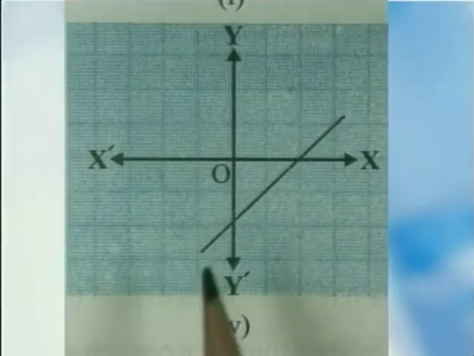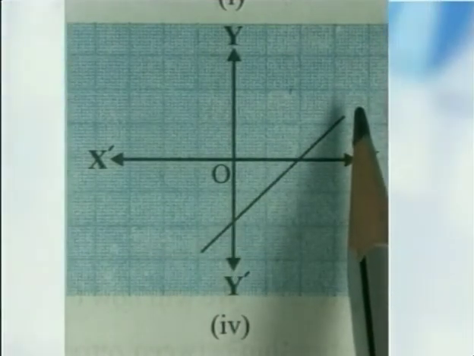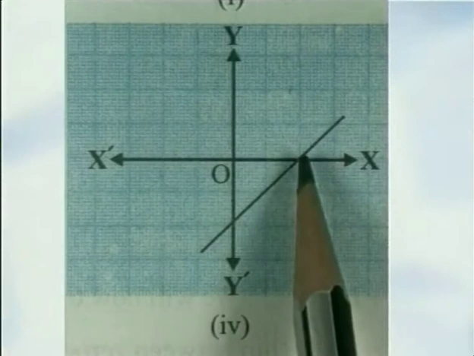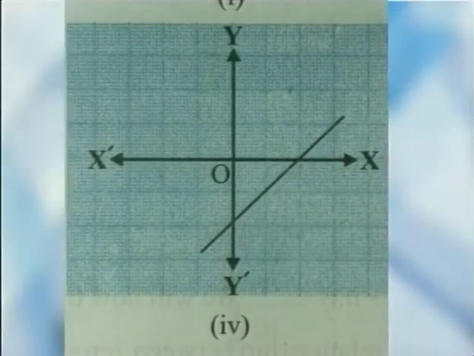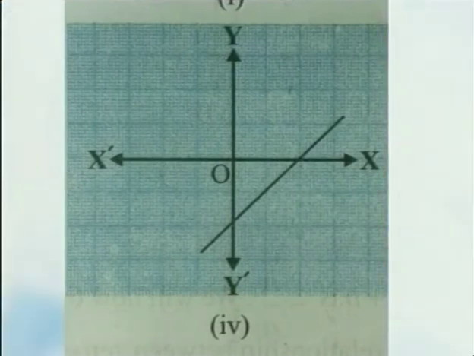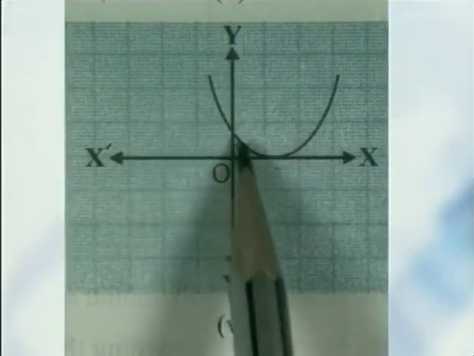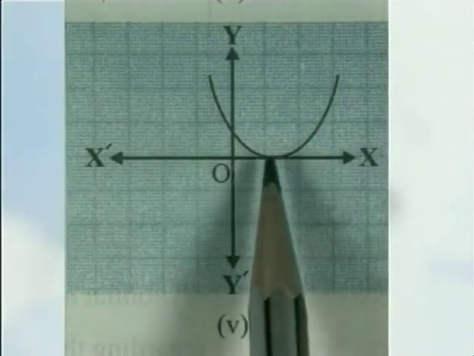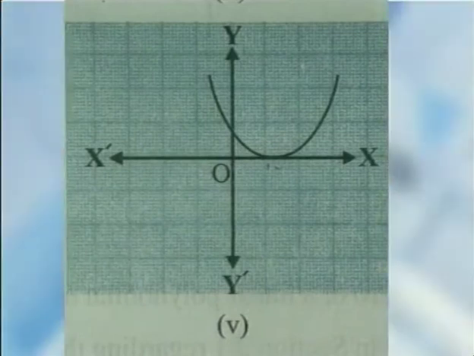Now, in this case we can see that it is a straight line. So, it is a graph of a linear equation which cuts the x axis at one point. So, we can say it has got only 1 zero. Now, we can see here it is again a parabola cutting the x axis at one point. So, it has got 1 zero.